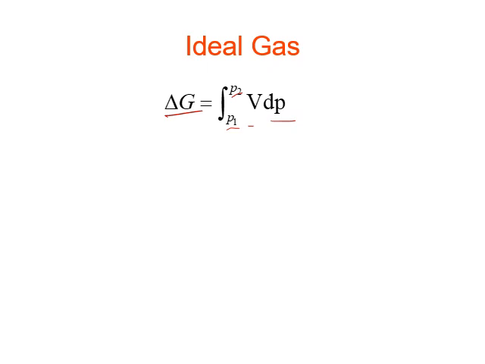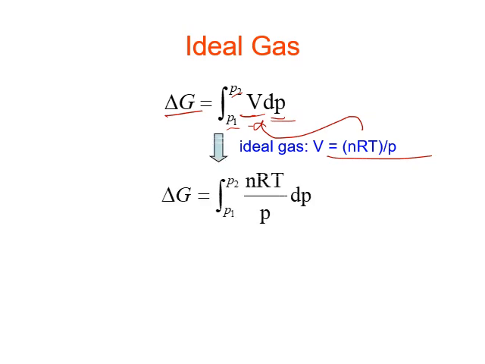If the gas phase obeys the ideal gas law, then pressure and volume are related by PV equals nRT, so volume is nRT divided by P, and we plug that in. We have the equation, integration of nRT over P dP.